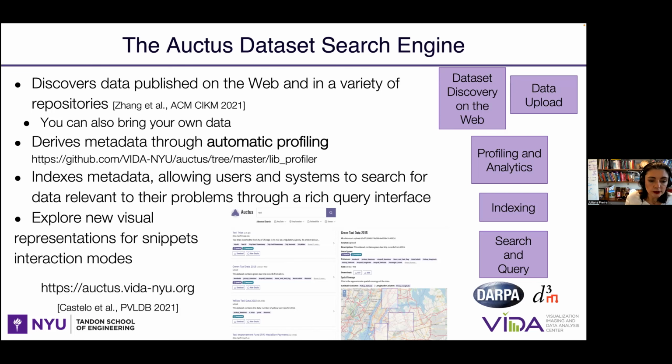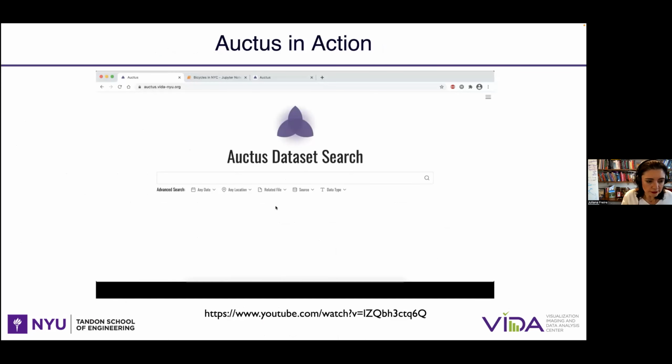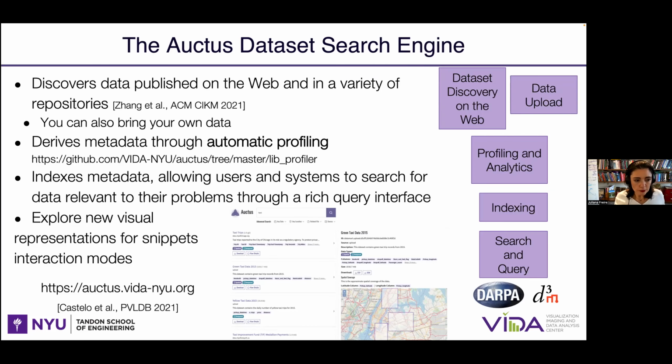And we use this metadata not only to support keyword search queries, but also other types of queries that cater to different information needs. Finally, we've also been exploring methods to generate better summaries, more informative snippets that are better suited for datasets, right?